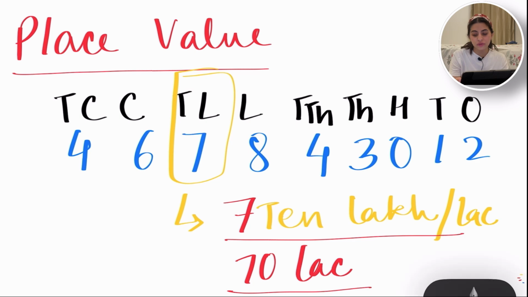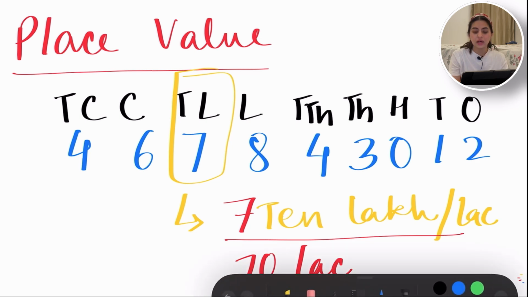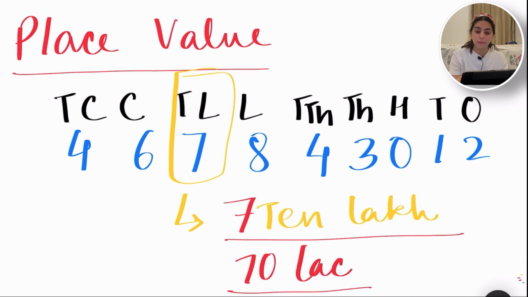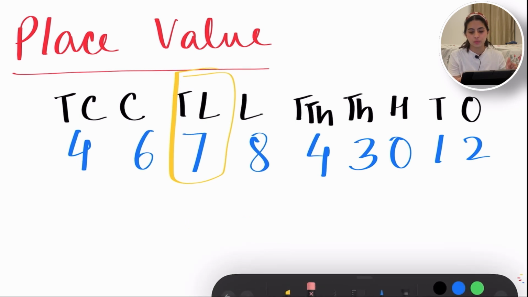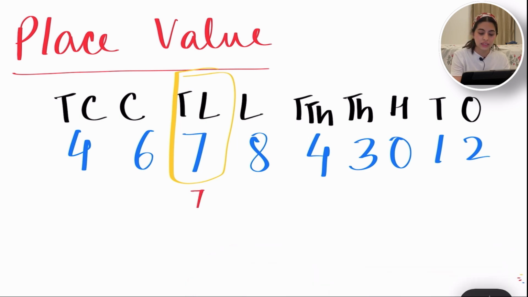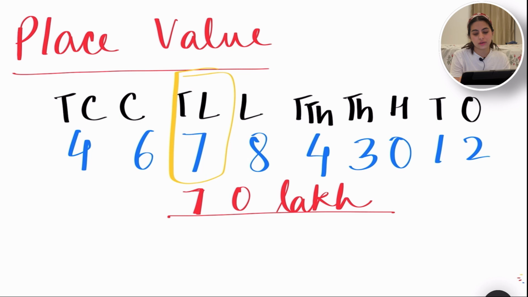Now, if we have to write the place value in numbers. Okay, this was in words. I'll tell you how we write it in numbers and words both. So, if we were doing the place value in words, we would say this is 70 lakh, right? Now, if we have to write the place value in numerical form, then very easy.